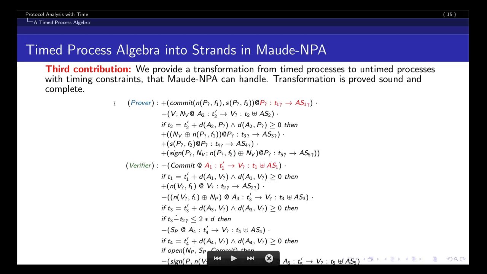We have here two strands: the prover strand and the verifier strand. For the prover strand, the first message, with the new syntax for the process algebra, we now have in the timed area the arrow. The arrow separates the sender information and the receiver information.